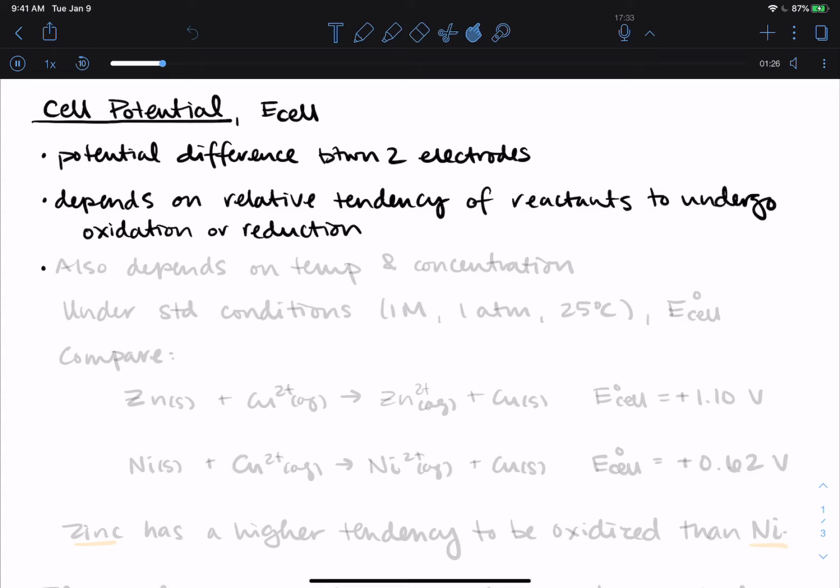It also technically depends on temperature and concentration.